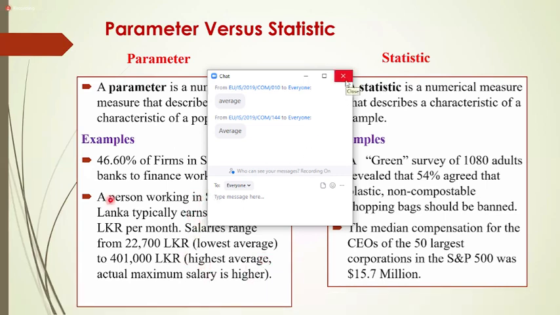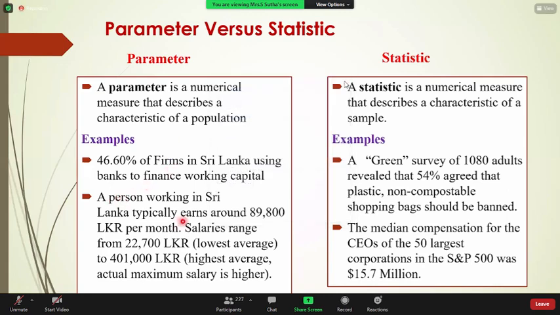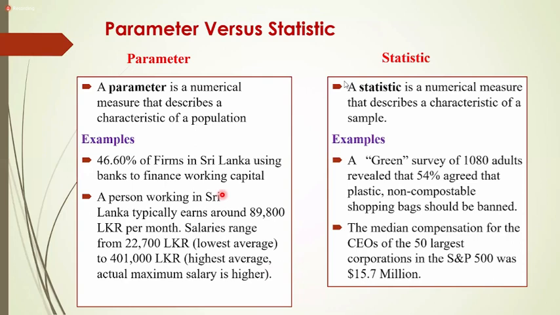Right? So why are we saying that it is a population? Because we are talking about Sri Lankans, not a particular adult in a particular region. We are describing this for Sri Lankans. So it is a population measure. So a parameter is a numerical measure used to describe the characteristic of a population.